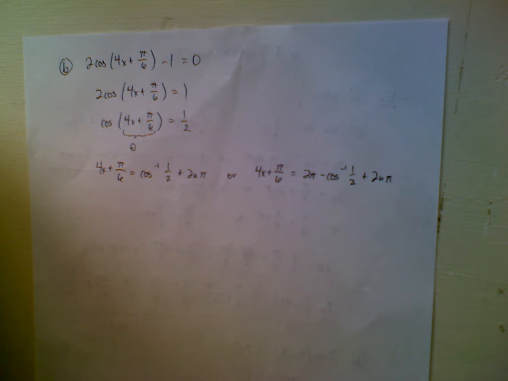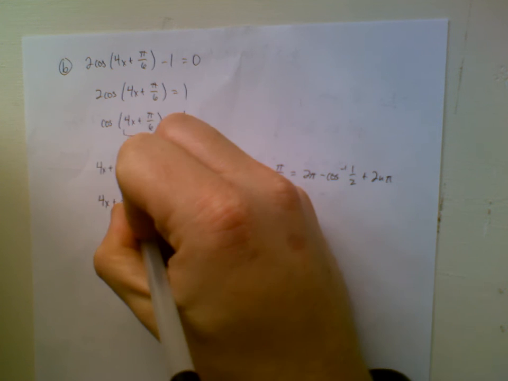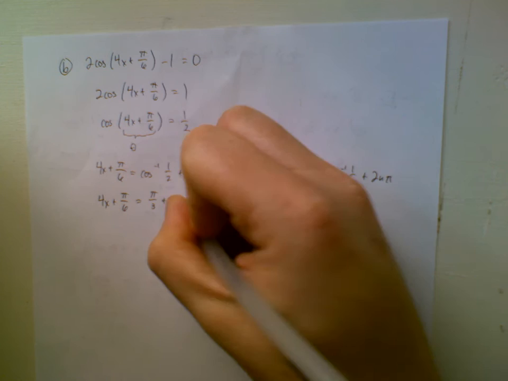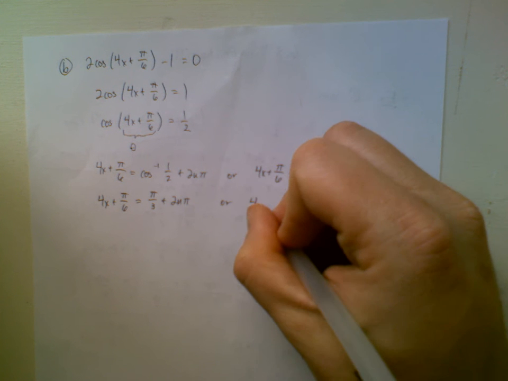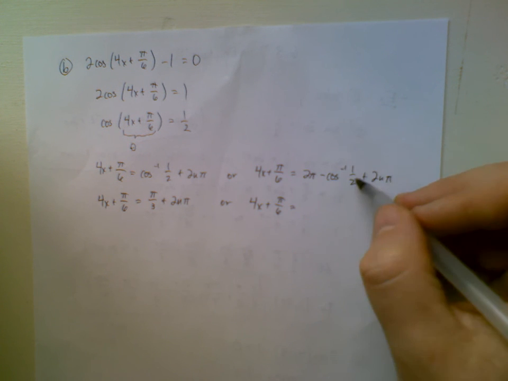Okay, so now, first of all, we can figure out what cosine inverse of 1/2 is, right? So cosine inverse of 1/2, we should be dealing with π/3. So we've got 4x + π/6 = π/3 + 2nπ, or 4x + π/6 = 2π − π/3.